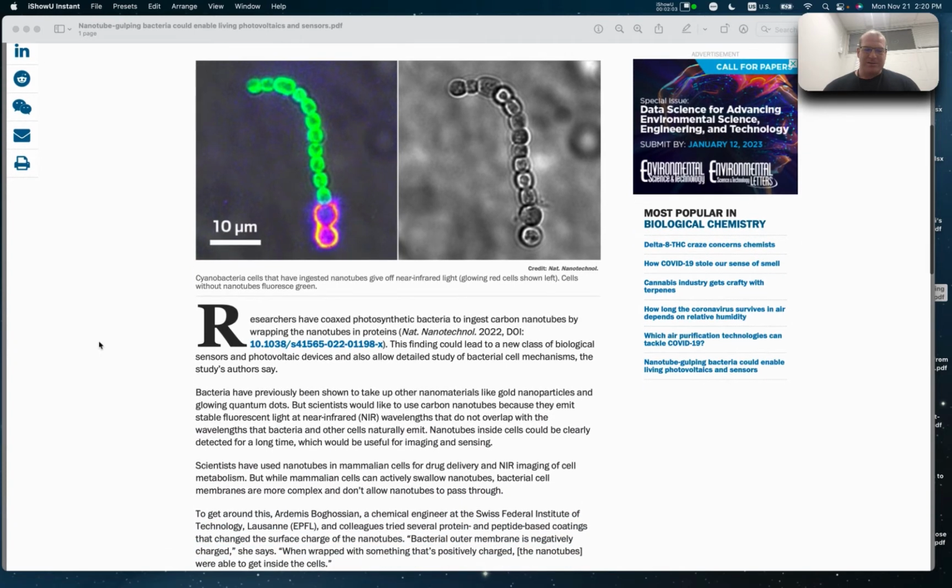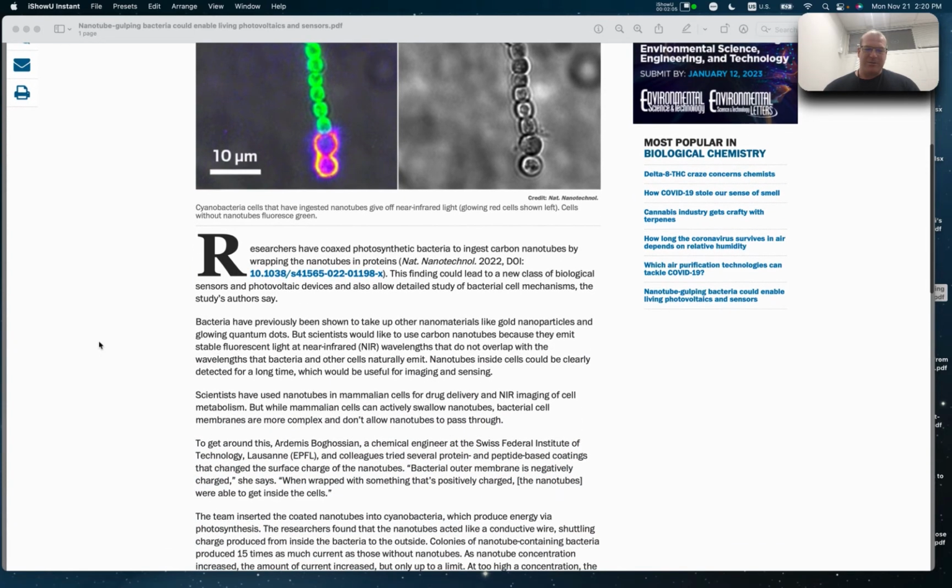These are pieces of carbon that are kind of circular and long, similar to graphite in structure. Graphite, like the lead in pencils. To get them into the bacteria, that adds certain proteins to it, so that it can go through the cell membranes, how the bacteria would actually be able to uptake it.